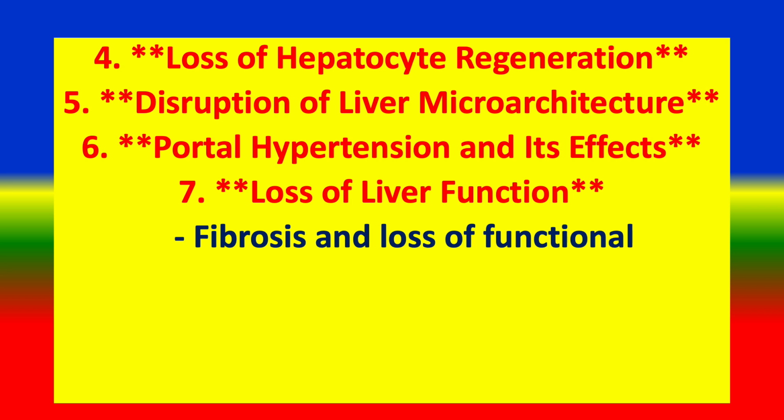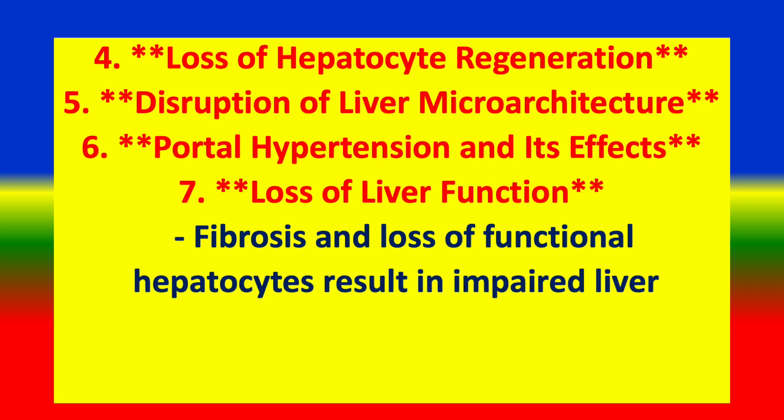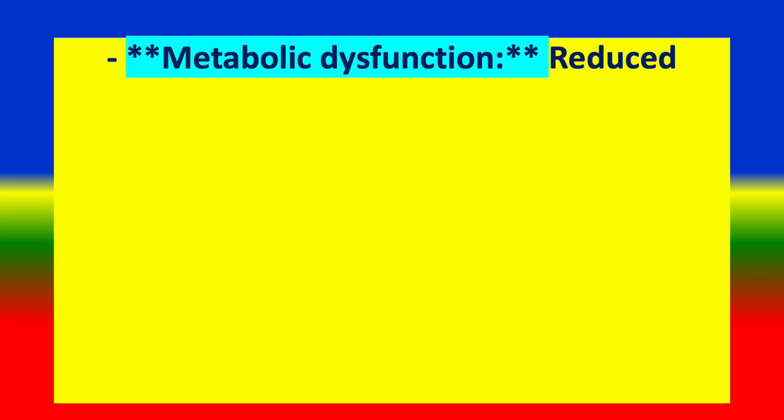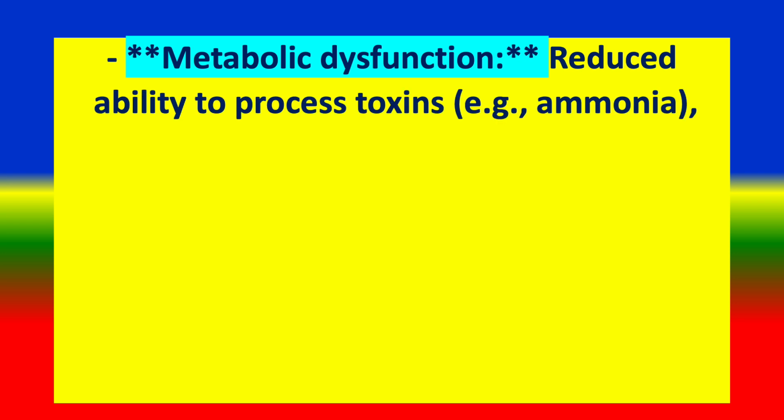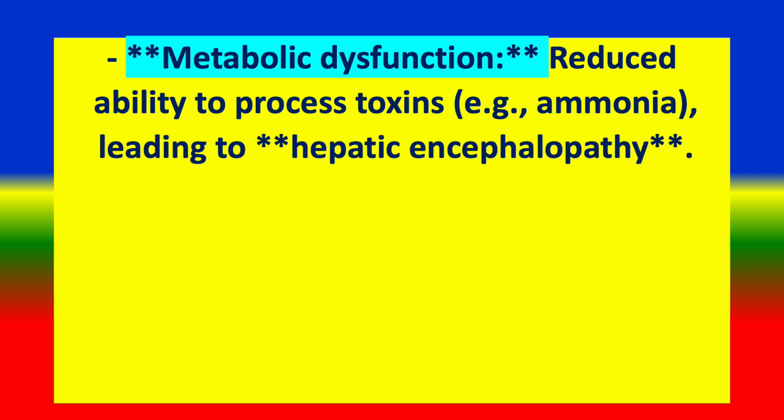Fibrosis and loss of functional hepatocytes result in impaired liver functions. Metabolic dysfunction, reduced ability to process toxins, for example ammonia, leading to hepatic encephalopathy.